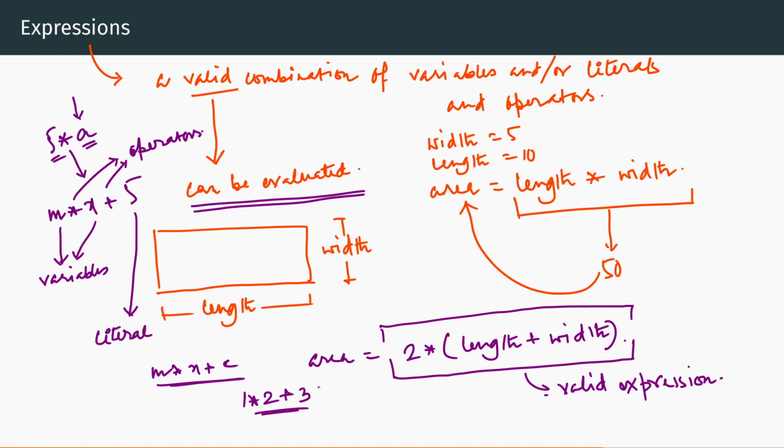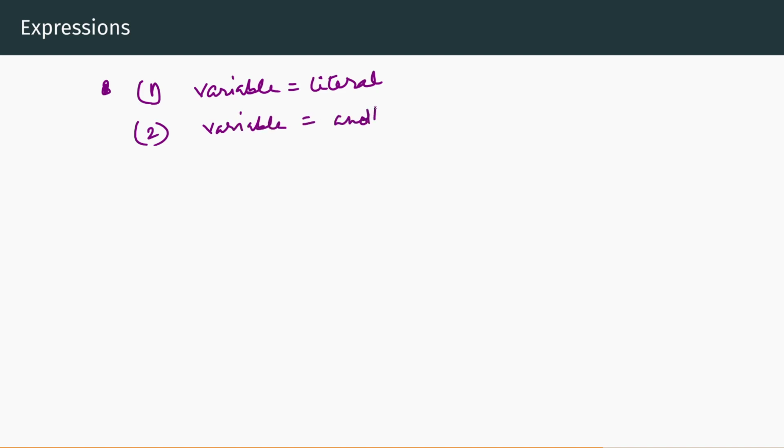Now, when we talked about assignment, we said that there are three general forms. Number one is variable equals literal. Number two, variable equals another variable, right?